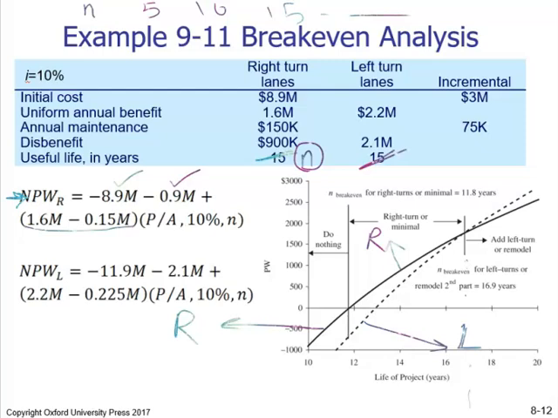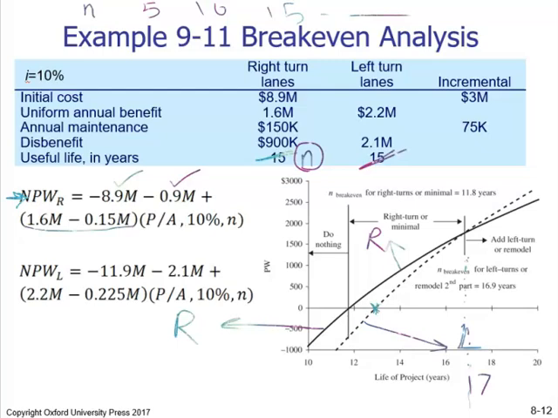The other one, the left lane project, after about 13 years, as you can see, becomes economic, because before that the net present worth is negative, below zero. So it doesn't make sense to invest below that. After 13, both of them are economic. But here we also have another line, at almost 17.